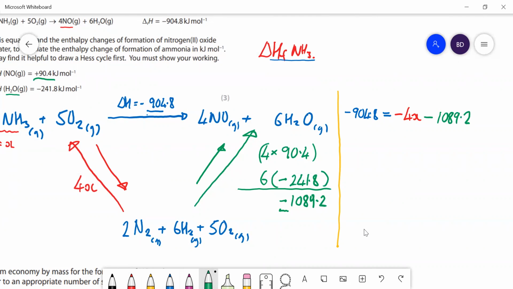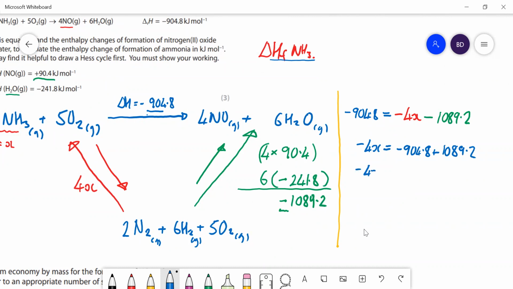Right, let's just do a bit of algebra on that then, and we get minus 4x is equal to minus 904.8 plus, that becomes a plus because it goes on the other side.